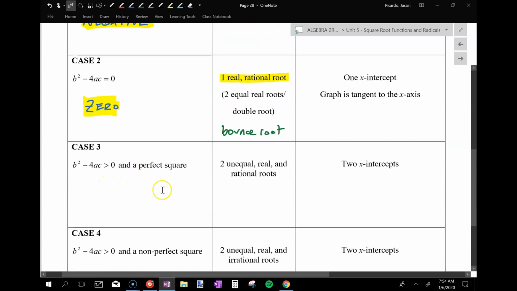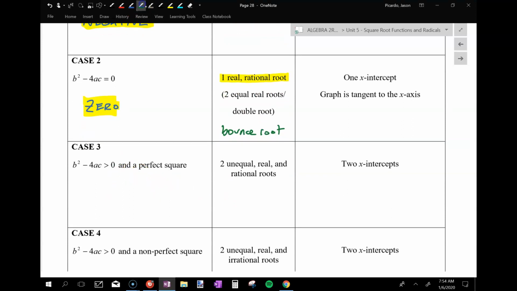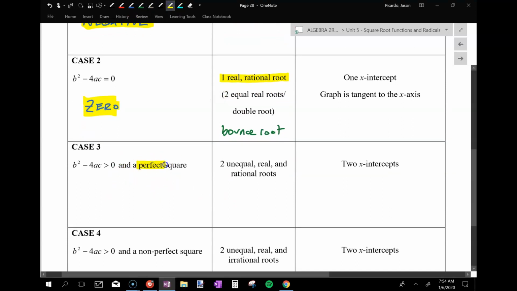If your discriminant is a perfect square, right? Example, 100, 49, 9, 16, 121, 4, right? If you get something like one of those, then what do you have? You have 2 real rational roots.